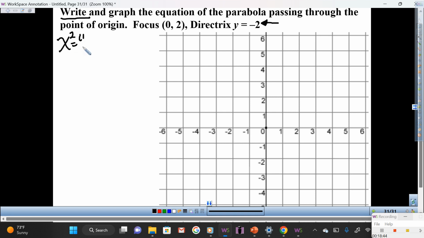X squared equals 4py. Write that down, please. That is correct. So notice the process. If they say write, the first thing you look for is what? The directrix, and that's going to tell you which equation to write.